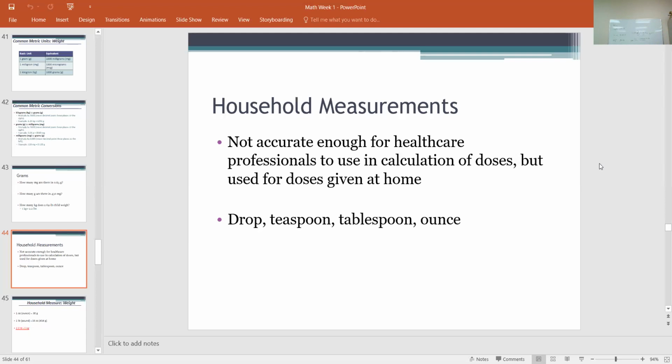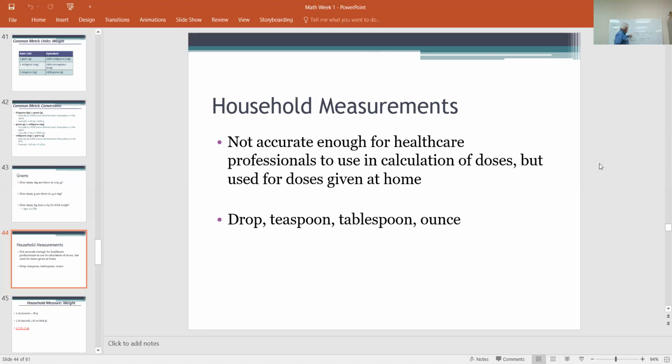But we use multiples and fractions of liters and grams. I've put together a little conversion rubric. The basic unit of length is the meter, which is about 1 1/10 yards.